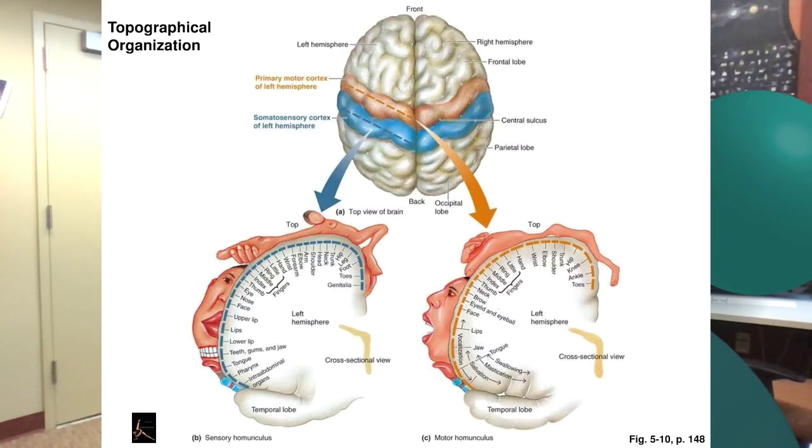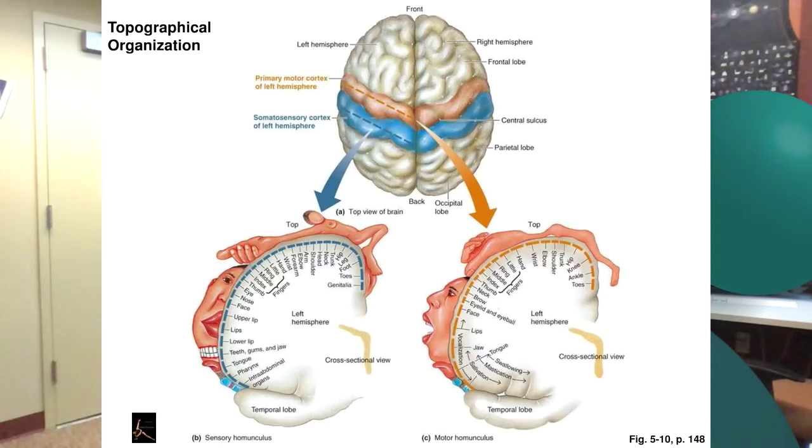So for example, as humans, we use our hands a lot. We really rely on our hands in order to manipulate objects and things. So right now I'm talking about motor. So we use our hands to grab onto things and to do a lot of things, use tools, things like that.